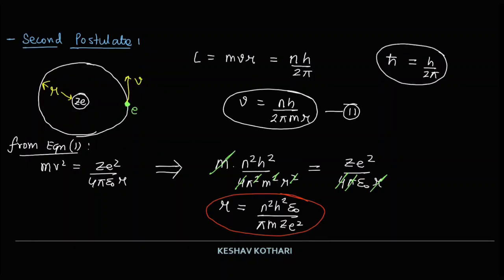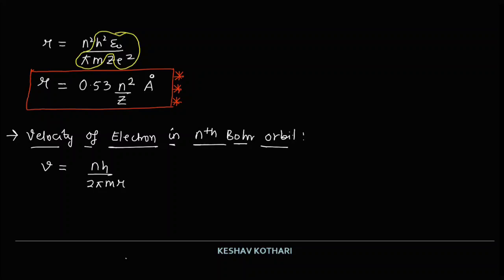If I substitute the value of r which we have attained, that is if I write it as nh upon 2 pi m, and then write the value of r, which is equal to n square h square epsilon naught upon pi m z square.